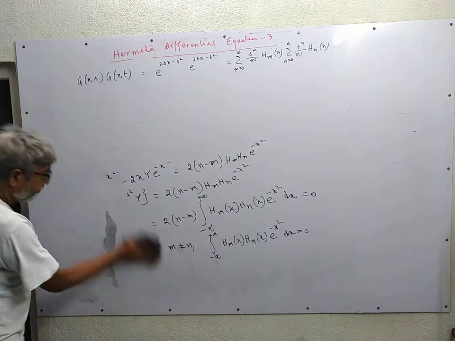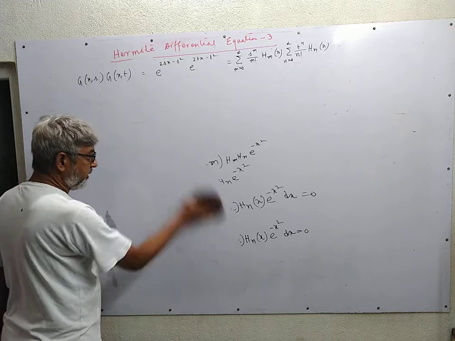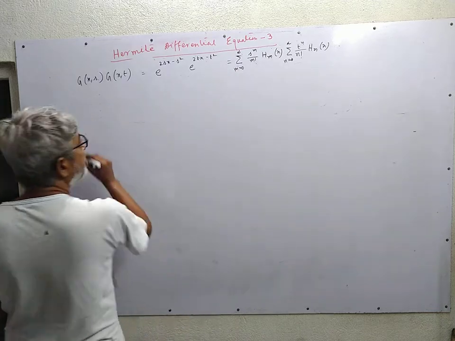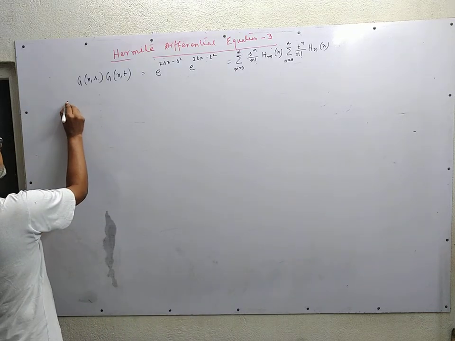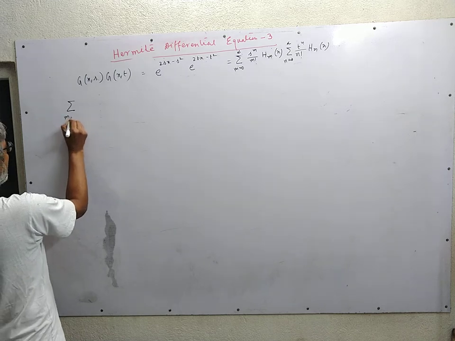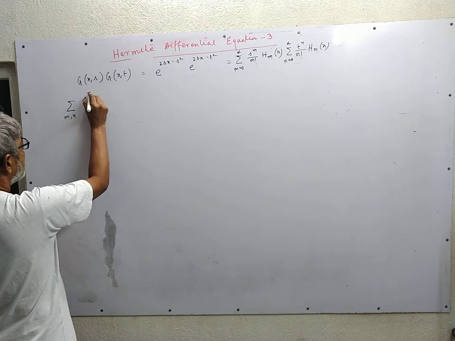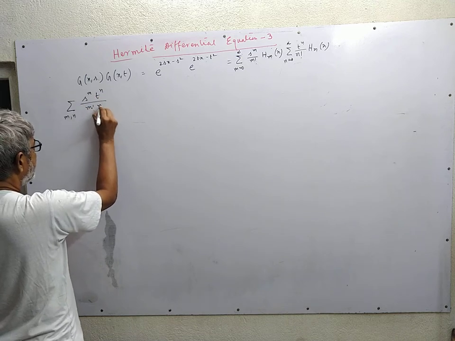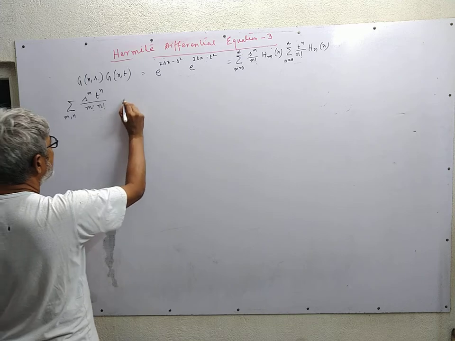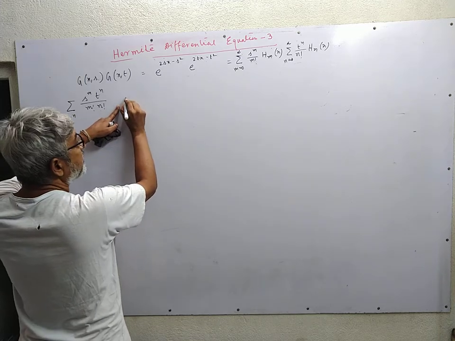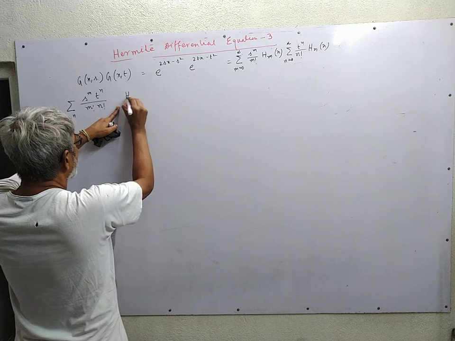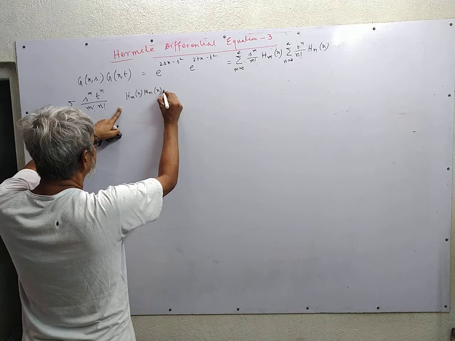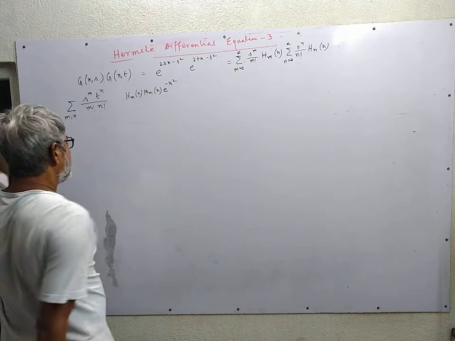We multiply both the sides by e to the power minus x square and rearrange the terms. So this is summation over m,n of s to the power m t to the power n over m factorial n factorial, Hm(x) Hn(x) e to the power minus x square.